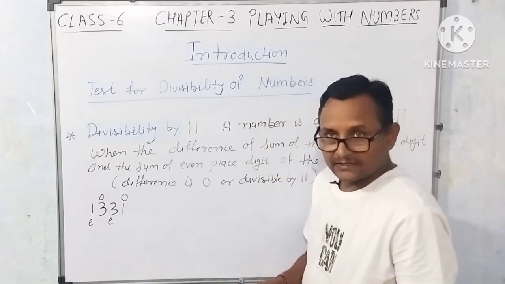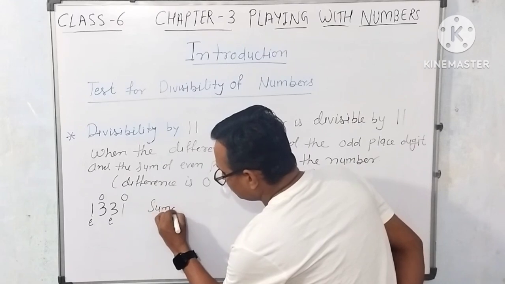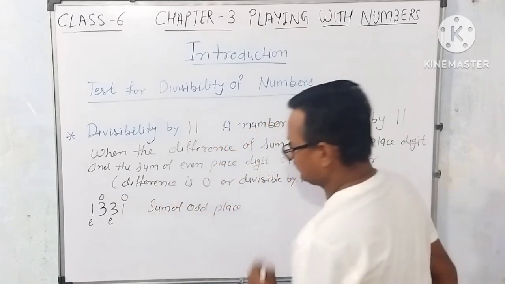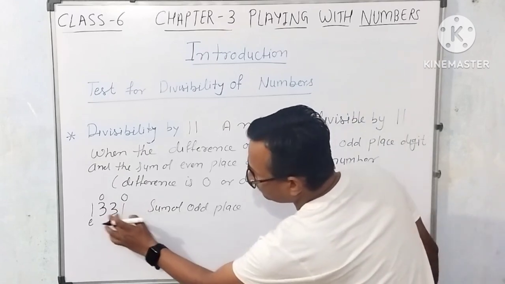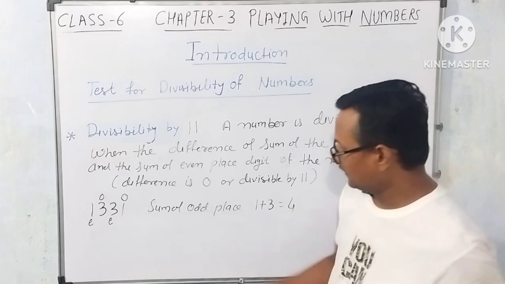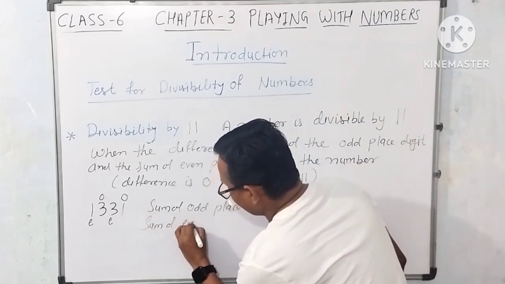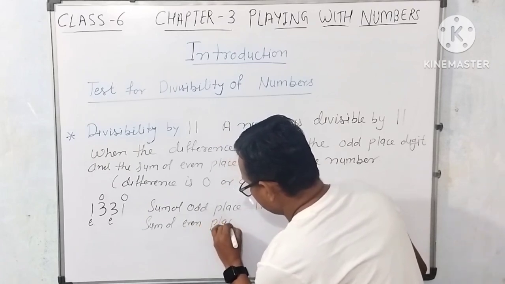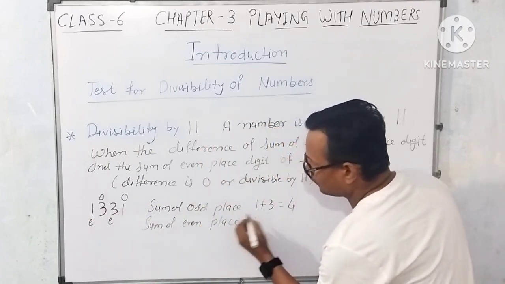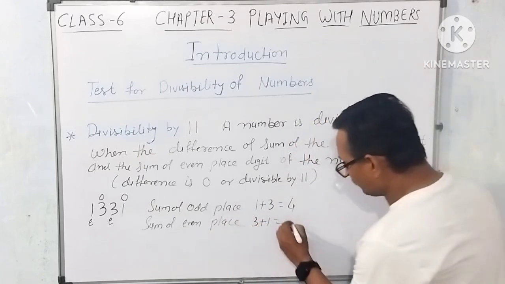Now we have to do the sum of the odd places: 1 plus 3 equal to 4, and the sum of the even places: 3 plus 1, or we can say 1 plus 3, equal to 4.